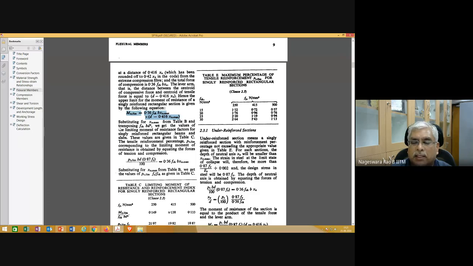Also, with respect to concrete in compression for a balanced section, what is the limiting moment of resistance? You take a note of this equation.